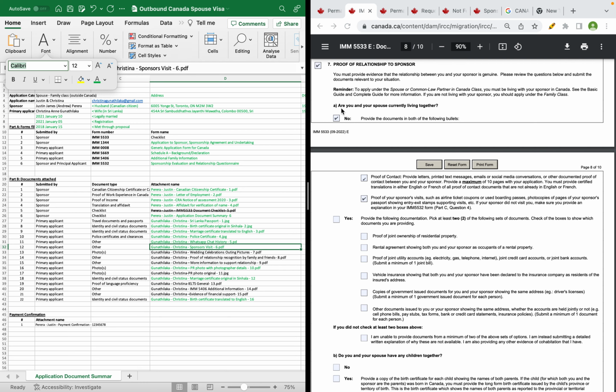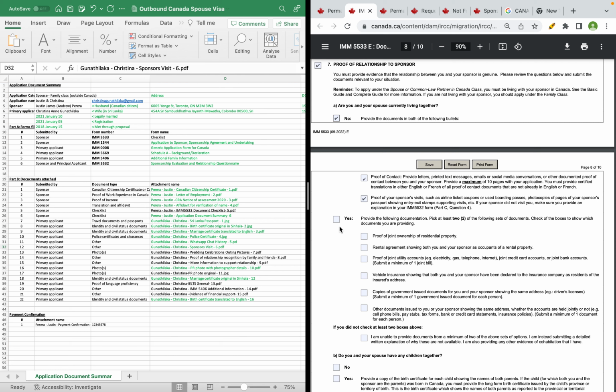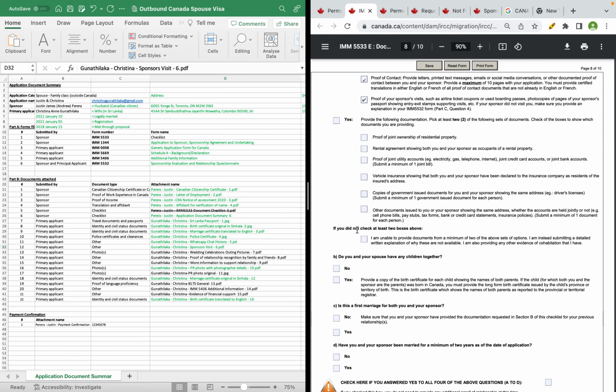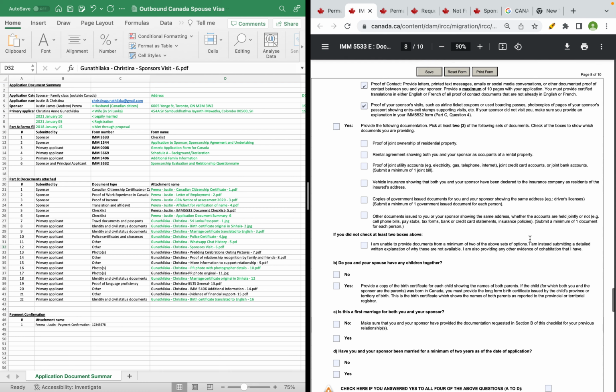Okay. So yes, if you and your spouse are currently living together, this section was not relevant for me, okay. Then if you did not check at least two boxes above, "I am unable to provide documents for a minimum of two of the above set of options."